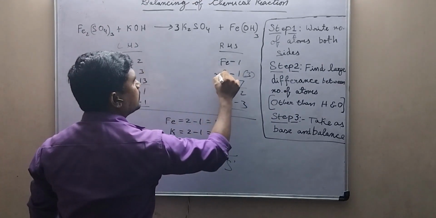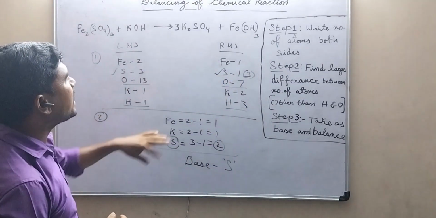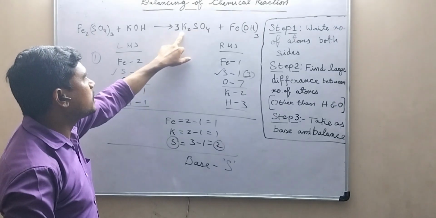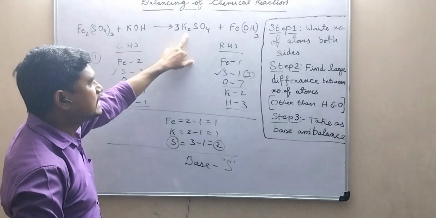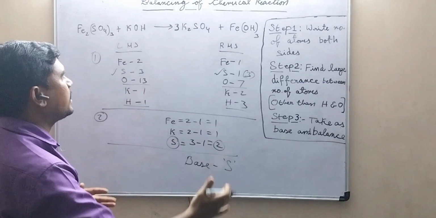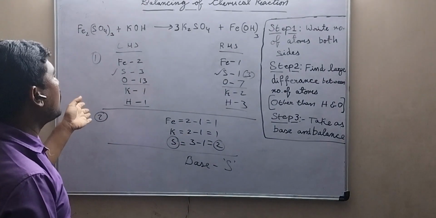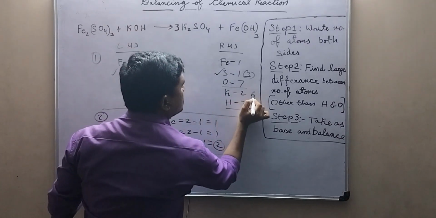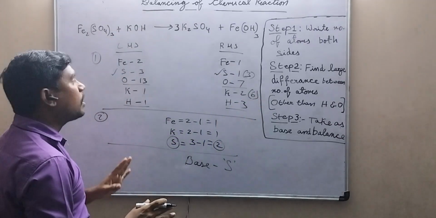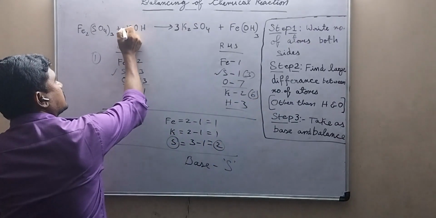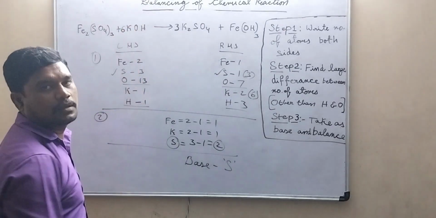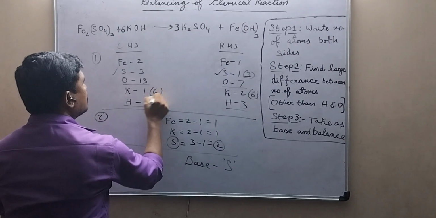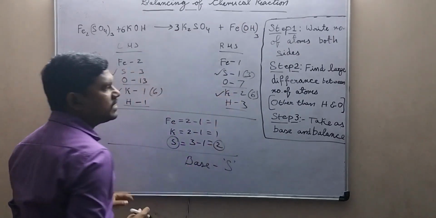Now as I added 3 here, potassium is total 6 on right hand side, and on left hand side it is only 1. So I have to balance it on left hand side by taking 6. Now potassium becomes 6 on both sides.